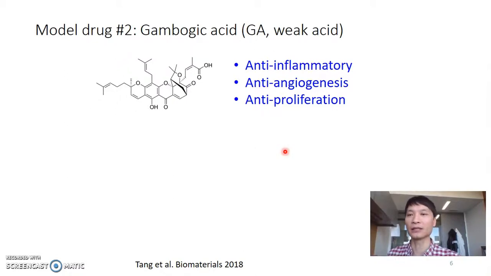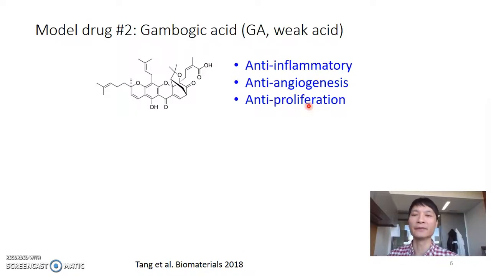So that's why we introduced the second model drug, gambogic acid. Gambogic acid is an active ingredient in Chinese medicine. Later on, it was found it has many different activities, including anti-inflammation, anti-angiogenesis, and anti-proliferation. So it has been under development for anti-cancer drugs for a while.